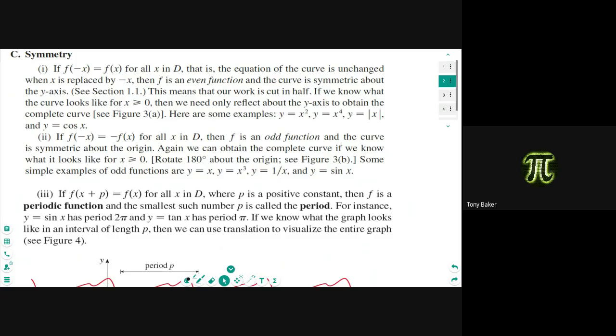Even functions are where the negative version of the x and the positive version of the x give you the exact same answer. So that would be symmetric across the y-axis. The odd functions were symmetric across the origin. So that means if you plugged in negative x, you got the negative y version. So it's symmetric about the origin. So basically both signs change.